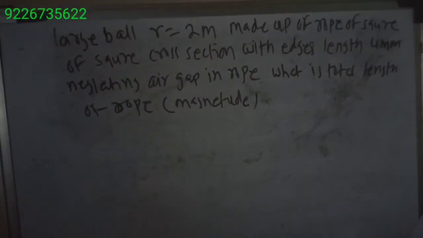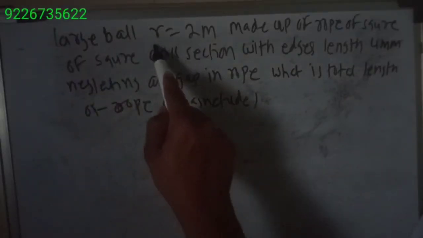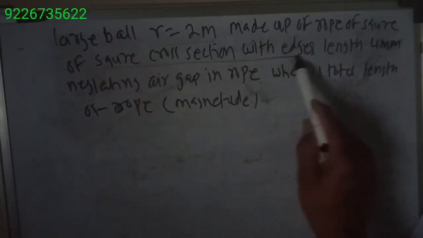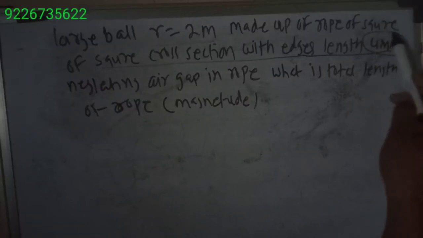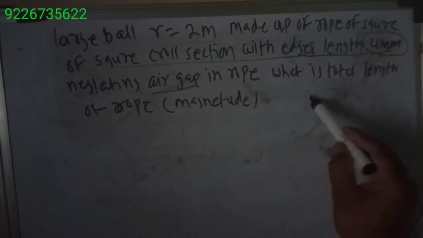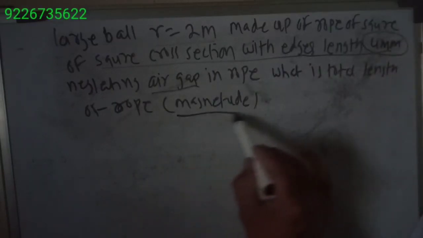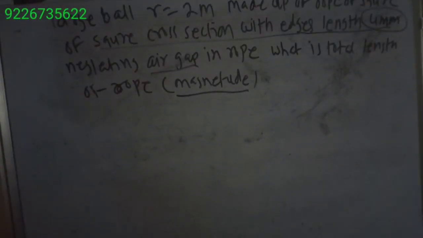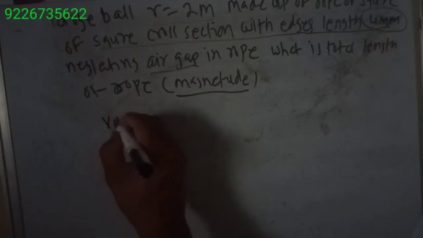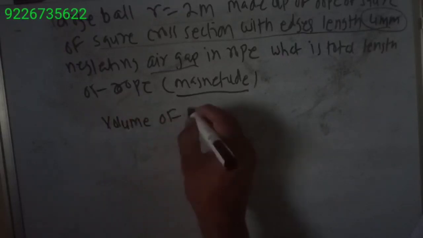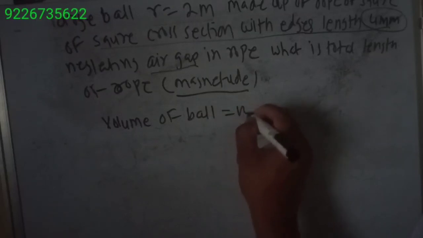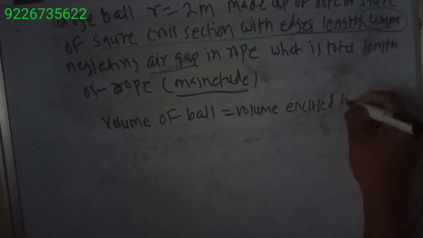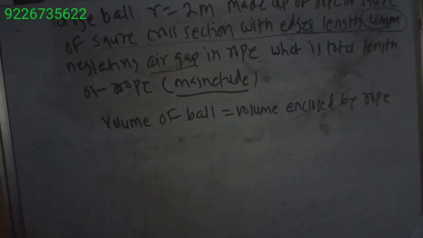Let's say our next numerical is: a large ball of radius 2 cm is made up of rope with square cross section with edge length 4 mm. Neglecting the air gap, what is the total length of the rope in magnitude? We know that the volume of the ball is equal to the volume enclosed by the rope.